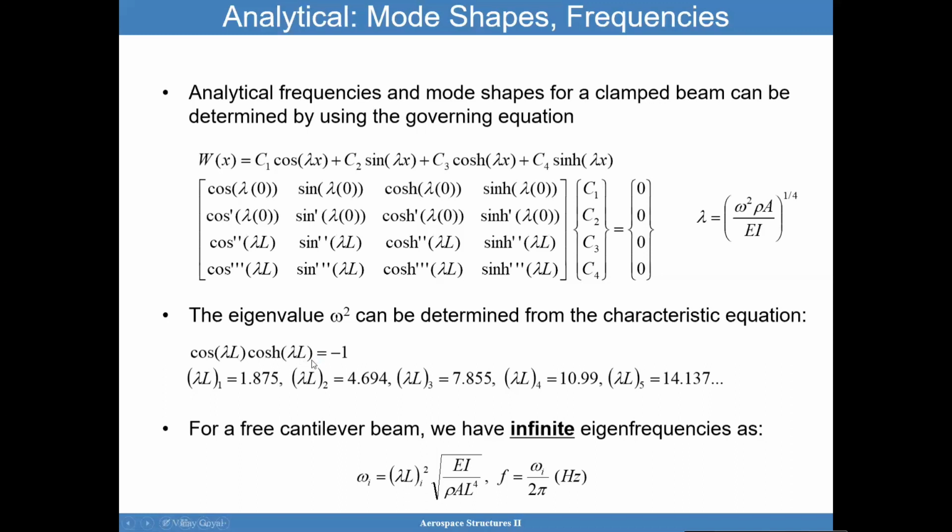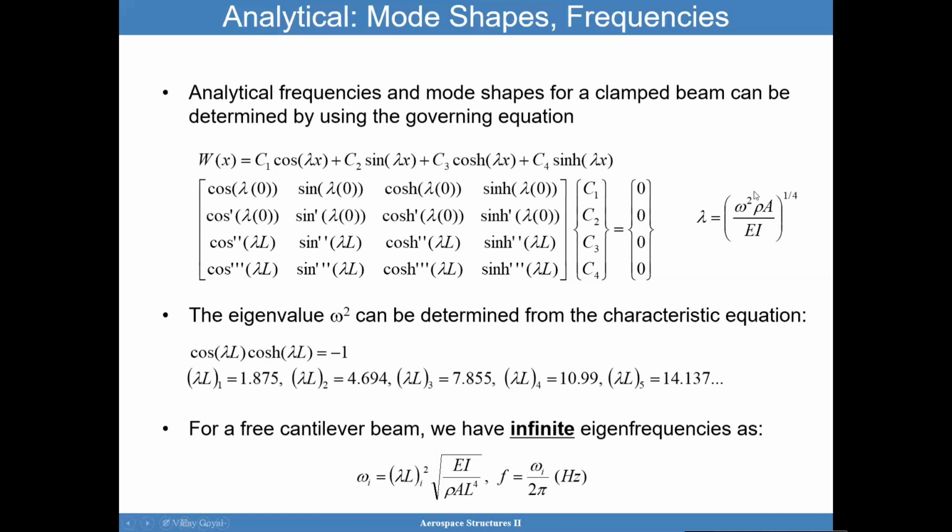And notice how there's an infinite number of ways of satisfying this. In fact, there's an infinite number of values that could satisfy this. For a free cantilever beam, we have an infinite number of eigenvalues. And the eigenvalues, omega i, and remember lambda here is this here, right? Rho is the density, A is the cross-sectional area of the beam, E is the modulus, I is the inertia.